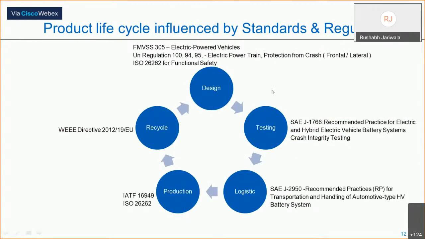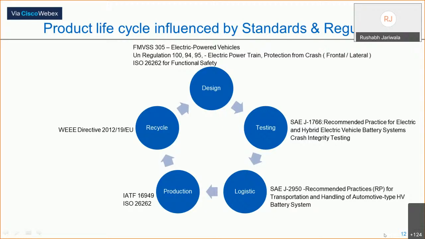So these are some of the standards related to this EV development cycle. In the design, one should consider a standard like FMVSS 305. It gives certain guidance about how the brake should perform, how the inverter should perform, what kind of mechanism should be there to indicate the fault and all that, which is generic, but still important if one is thinking about releasing a commercial vehicle into the US market.